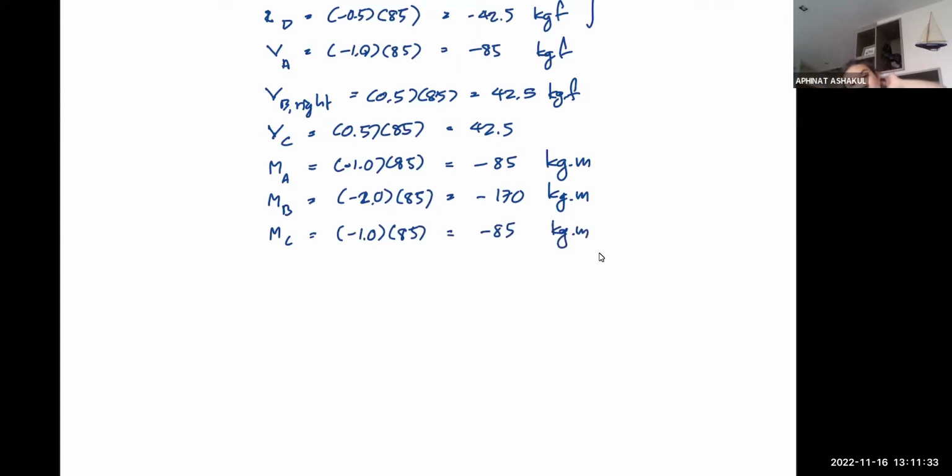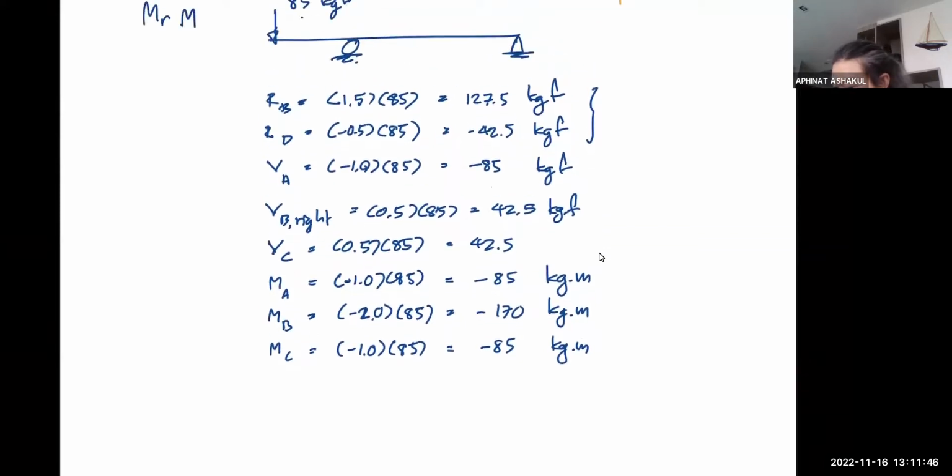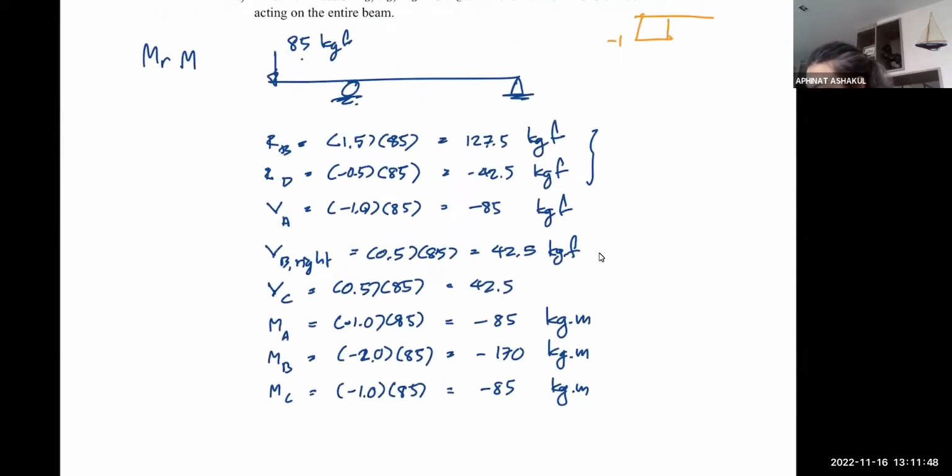Now, this can be confirmed when you draw the shear force and bending moment diagram. These values should match. Let's say if this is your beam, your shear force diagram is minus 85, and comes down here.